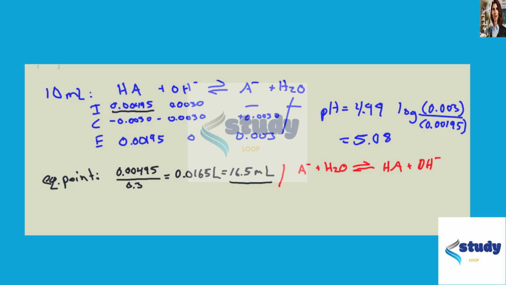So our initial will be the initial that we had before, 0.00495. And our change will be minus X plus X. So here all the acid has been neutralized by the hydroxide, and all that we have present is this. So that's why we're doing an equilibrium problem in this way.